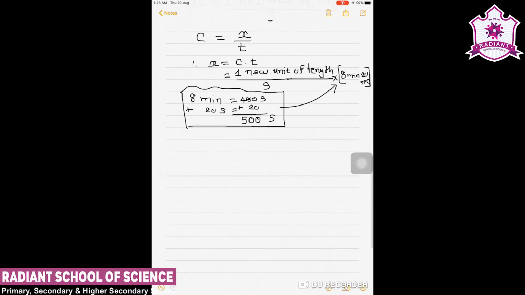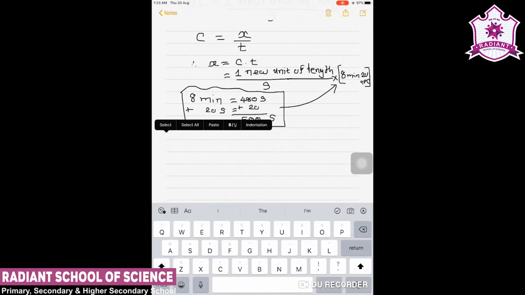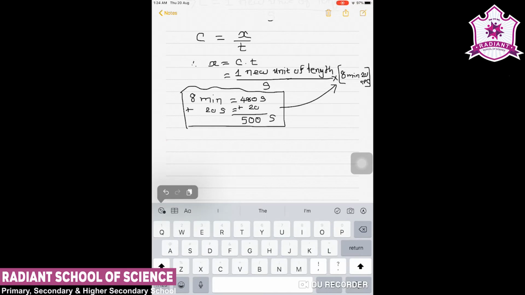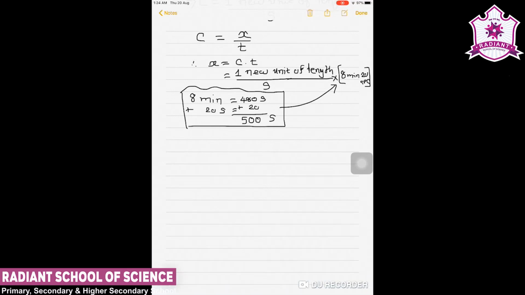We can write, therefore, this x will be 1 new unit of length. So we can again simply say that unit of length, here we can replace 1 upon second into 500 seconds of total unit of length.